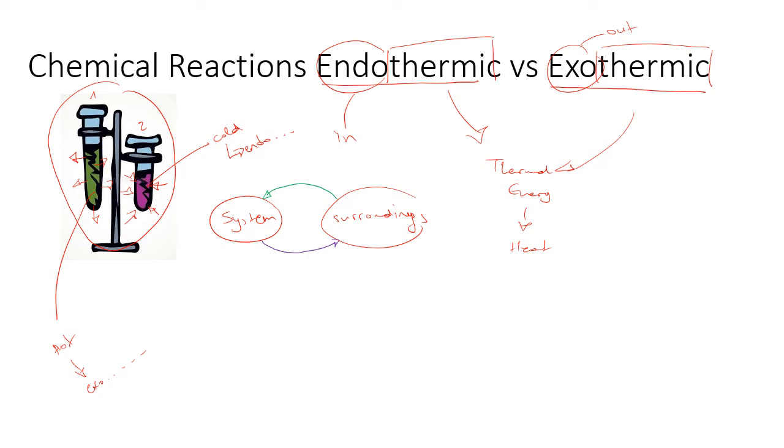This is a very important concept to realize, and actually many people get confused when, for example, the teacher tells them this is an exothermic reaction, but when they put the thermometer into the reaction mixture, they can see the temperature is rising.